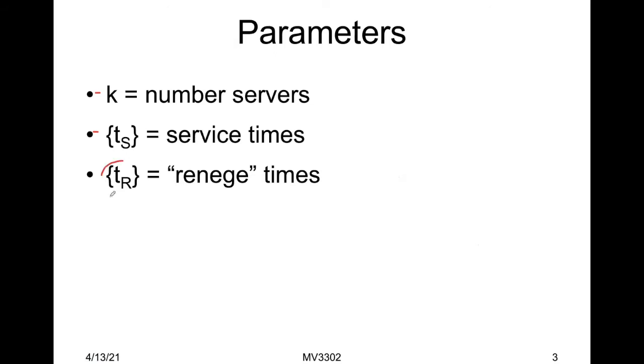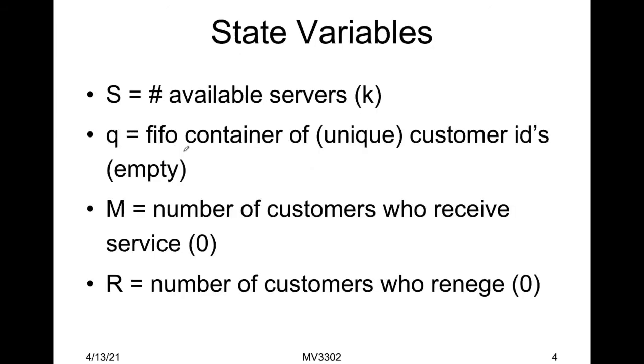And so now we have a sequence of these renege times, which suggests that when it's implemented, we're going to use a random quantity for that. Again, keep in mind that these sequences that are indicated by the curly braces here are typically going to be modeled using a random variate in the code.